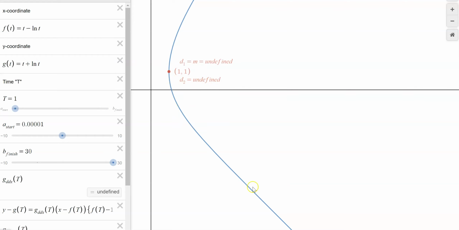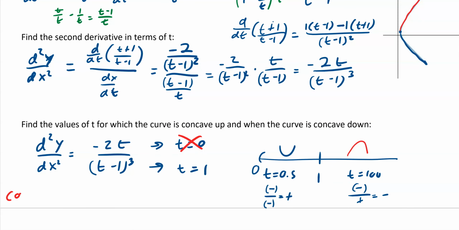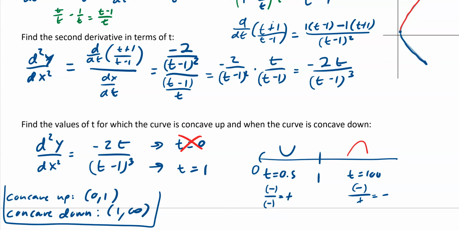But that's our change in concavity from concave up to now concave down. And you can see my second derivative is equal to a negative. So we are concave up from 0 to 1 and concave down from 1 to infinity. There you go.